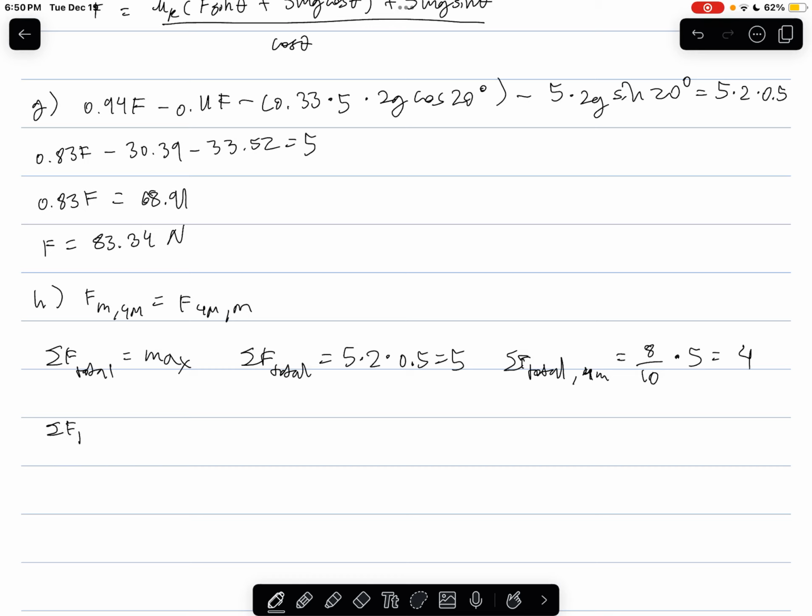And then I know that the net force total acting on 4m is gonna be the contact force, subtract the friction, and this is from mu k times Fn, and this is just the FGY for 4m because that's the Fn, because the force isn't touching 4m.